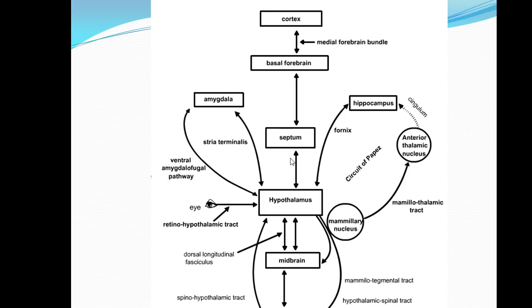It is connected to and fro with the septum pellucidum. Here you can see it is connected to and fro with the hippocampus, and the anterior thalamic nucleus through the mammillary nucleus, that is the mammillothalamic tract. Then it is connected to and fro with the midbrain and the spinal cord.